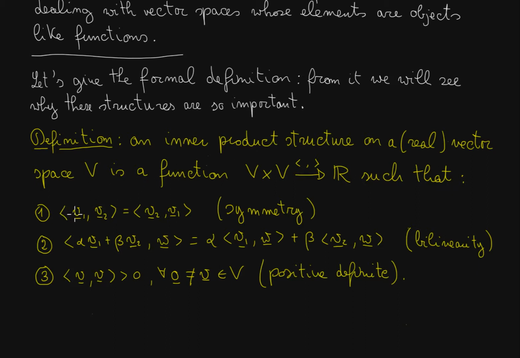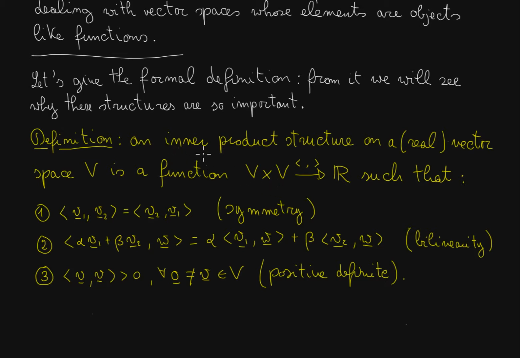property number one is the symmetry. So if we multiply v1 with v2, we will get the same number as v2 multiplied with v1. Notice that this is called a product, but it is not an inner structure of V, in the sense that if I take two vectors of V, I don't get a vector of V back.